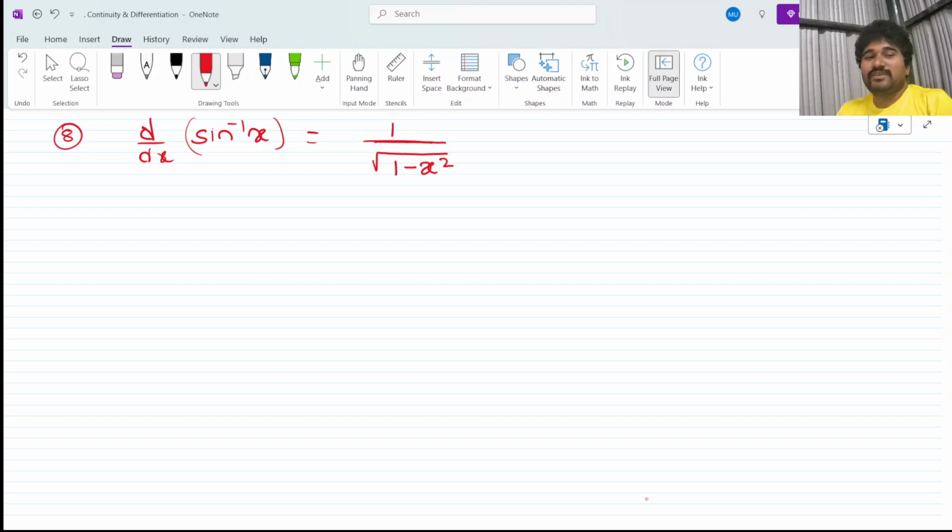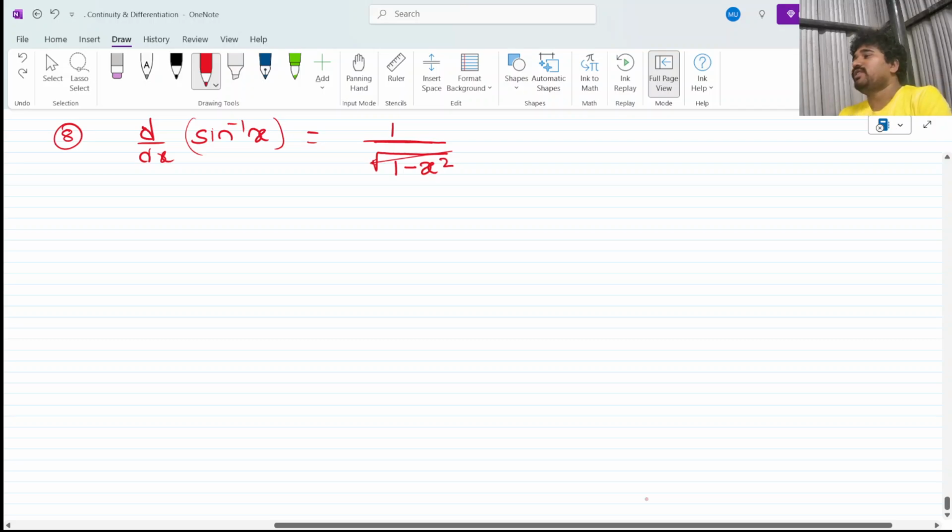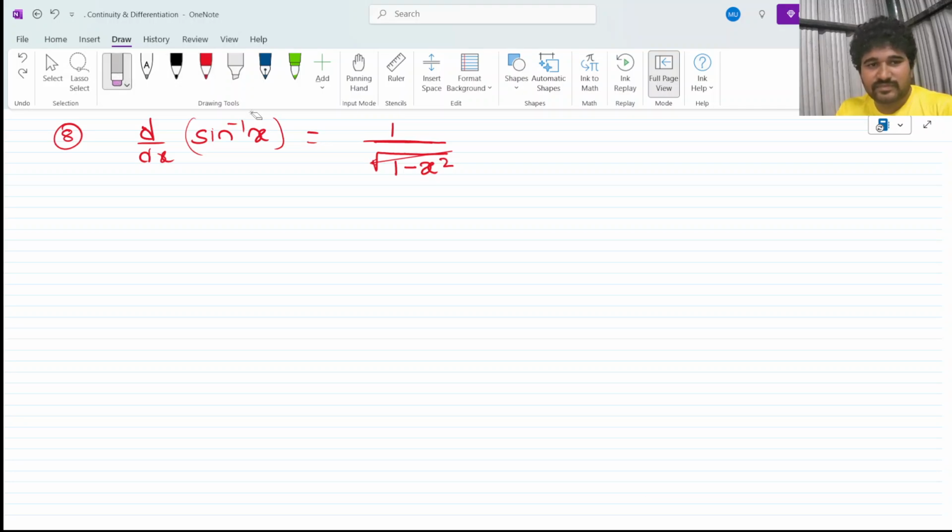Okay. The derivative of sin inverse x is 1 by root of 1 minus x square. Understand? Is that clear for everybody? Next formula.